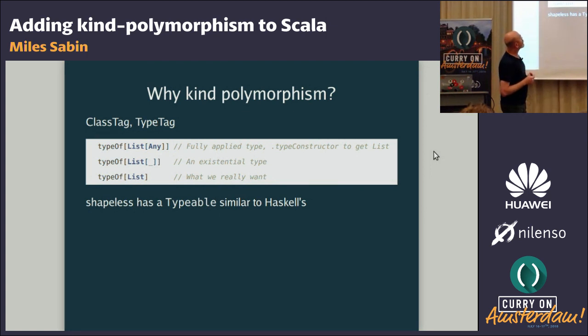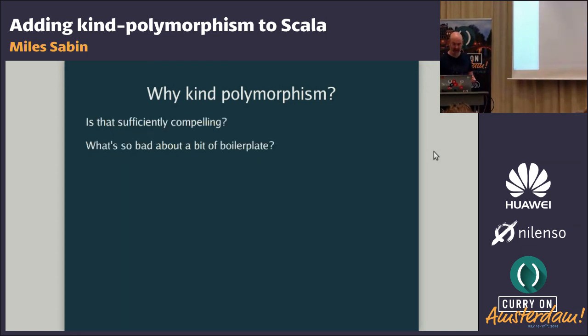What we really want to be able to do, I think, is to write something like typeOf[List] and have that work in the same way as typeOf[Int] or String. My library Shapeless has a Typeable, which is quite similar to Haskell's Typeable, and it also has the same issue. It would be nice if we could write instances for the Typeable type class and use them in a kind-polymorphic way, in the same way that the Haskell version can.